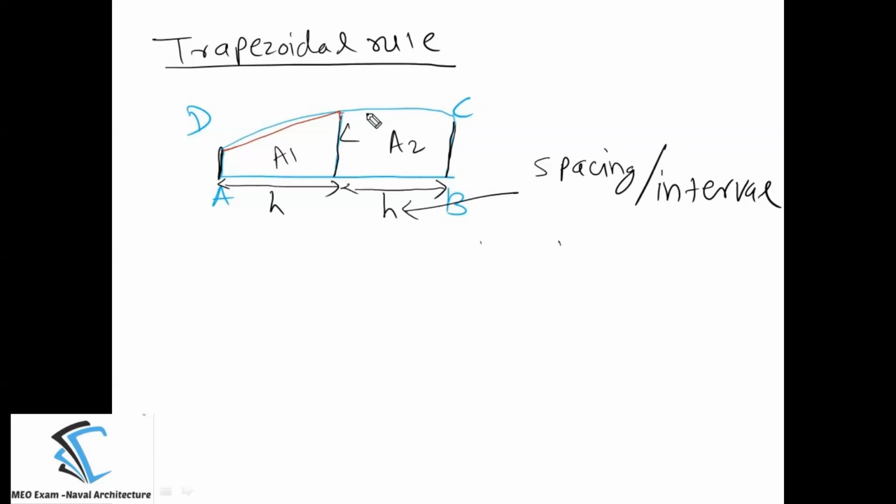Then this also I am going to join with a straight line. It means that now there are two regions, and each will be like a trapezoid.